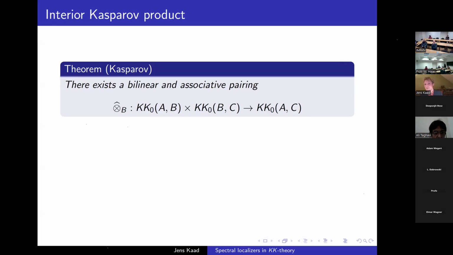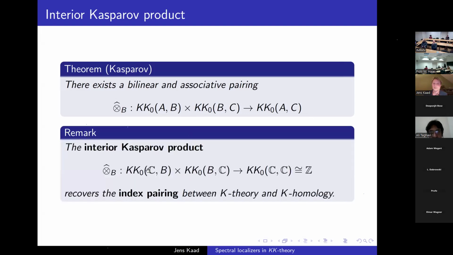One case which is interesting is when both A and C here are equal to the complex numbers. Then the interior Kasparov product actually takes values in the KK theory of the complex numbers, comma, the complex numbers. So it takes values in the K theory of the complex numbers, which is just the abelian group of integers.